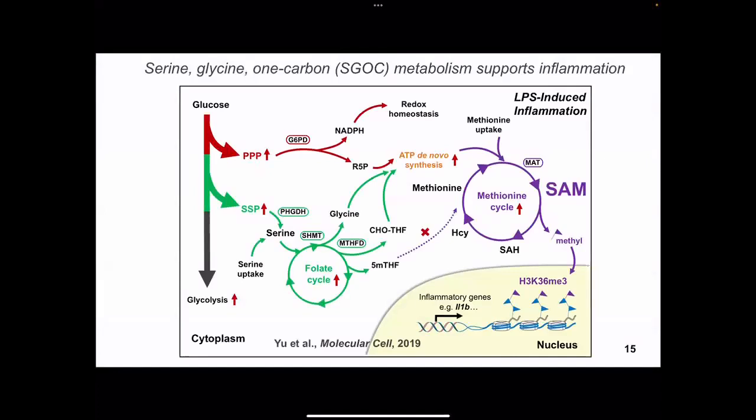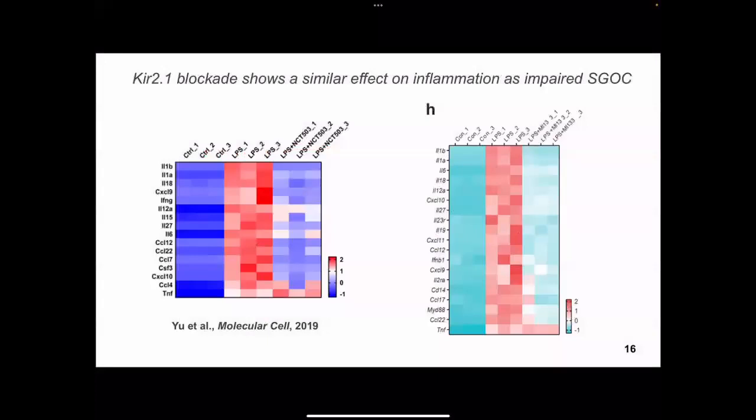As mentioned above, we have previously reported a system of glycolytic offshoots and amino acid metabolism driving the expression of a cluster of inflammatory genes, including IL-1 beta, IL-6, IL-18, IL-12, IL-27, and CXCL10, but not TNF alpha.